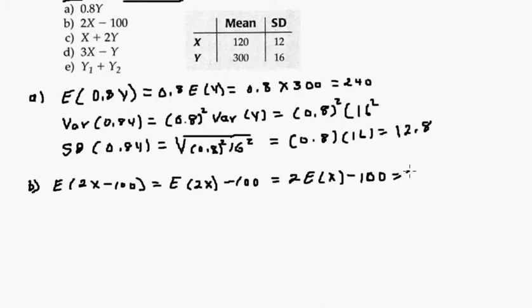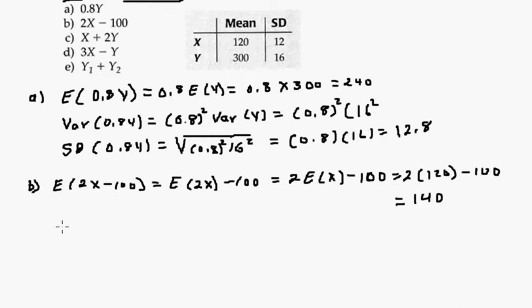So that's 2 times 120 less 100. So that would be 240. So 240 minus 100 would be 140.